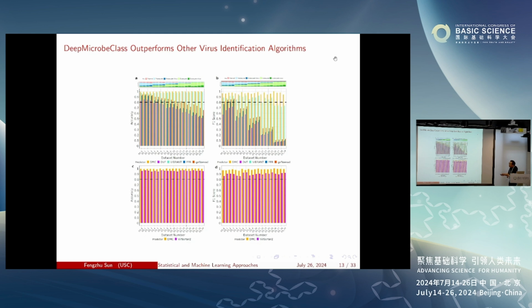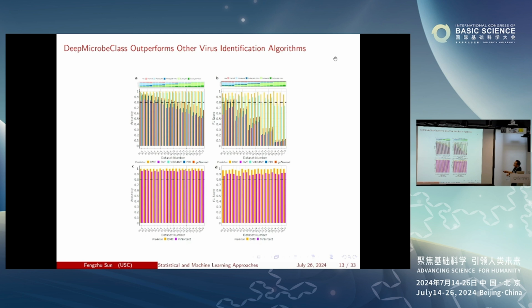We compare with a variety of different software out there just for the virus identification problem. This is the first algorithm that classifies those sequences into the 5 different classes, so here we just talk about the virus identification. We compared with other programs that do virus identification, including our own program called DeepVirFinder, and we showed that our method performs the best.